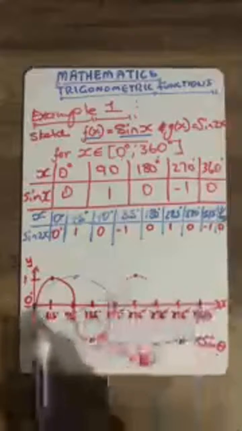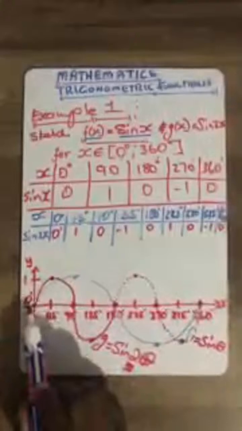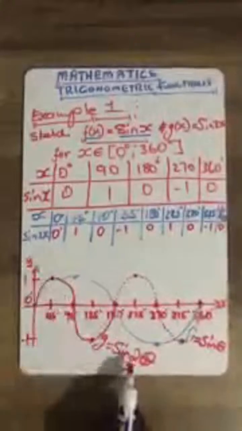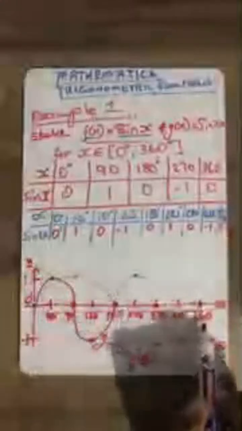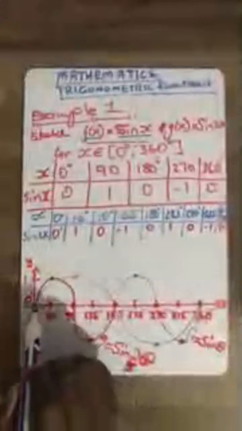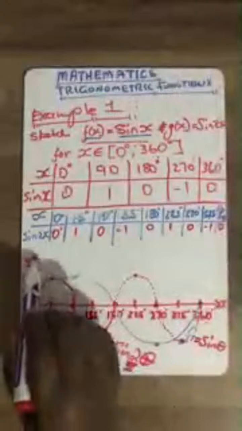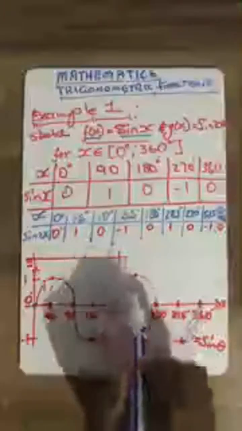But this one, the red one that has 2, it's like it halves the period by 2. Can you see? This one, it does full circle over a period of 360 degrees. But this one that has 2 there, it completes it halfway, meaning at 180 degrees, it has already completed a full circle. This is full circle. And then there is another full circle.